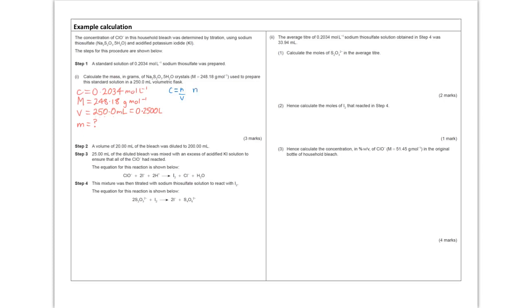If we rearrange that, we get number of moles equals concentration times volume. That's equal to 0.2034 times 0.2500, and that's equal to, I'll just pause and calculate, 0.05085 moles.